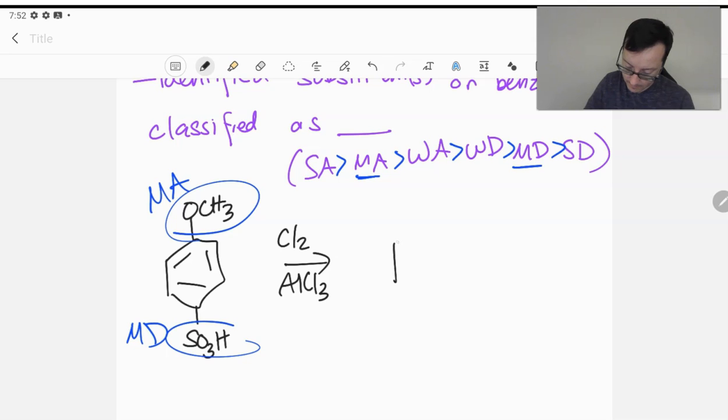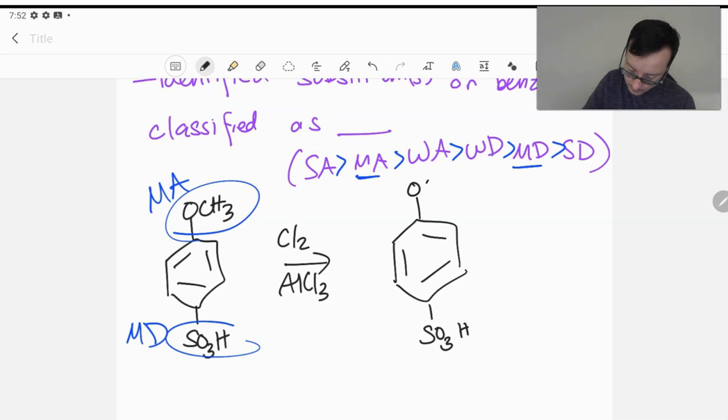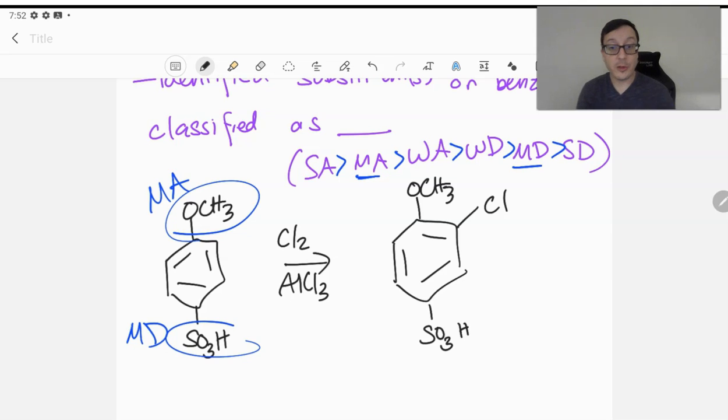We could say, aha, it's our benzene. We've got the rest of the stuff on here. And now we have a chlorine ortho to our strongest activator. Even though it's not a strong activator, it is our strongest, relatively speaking.